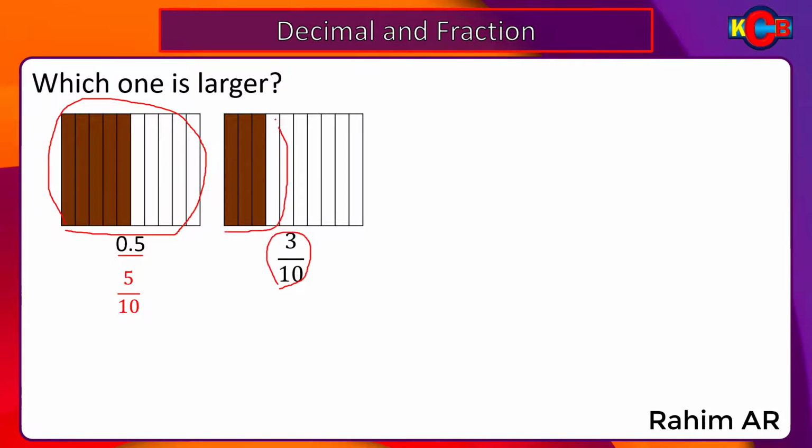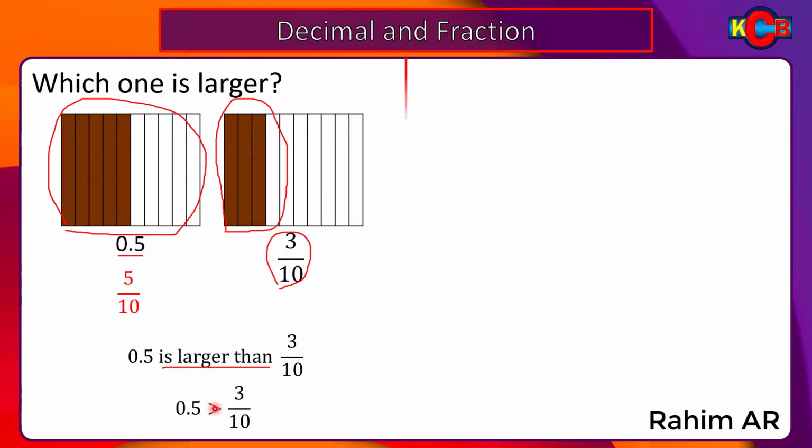Look here, this is smaller. So, 0.5 is larger than 3 tenths. This is the symbol for larger than.